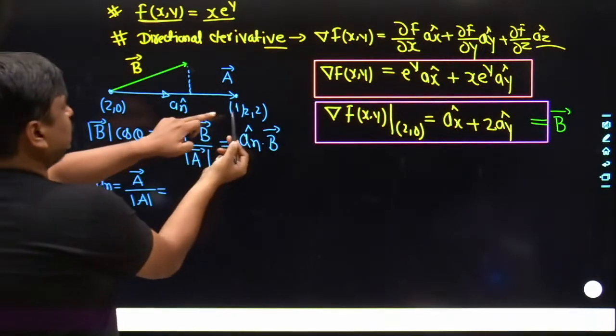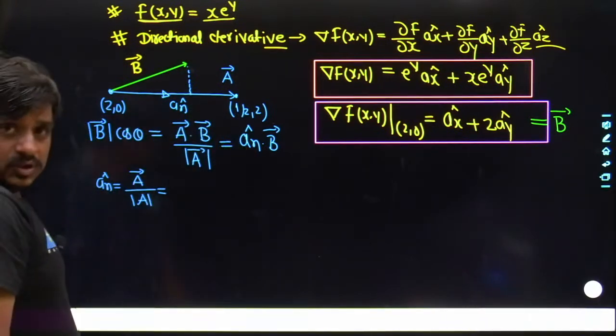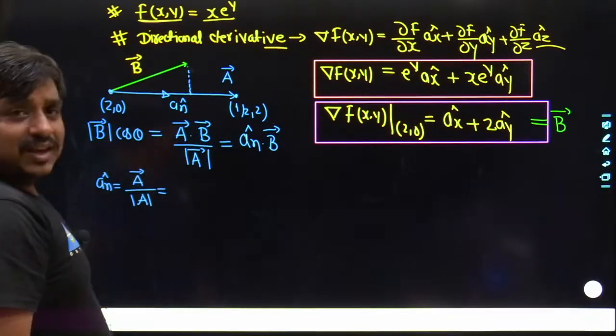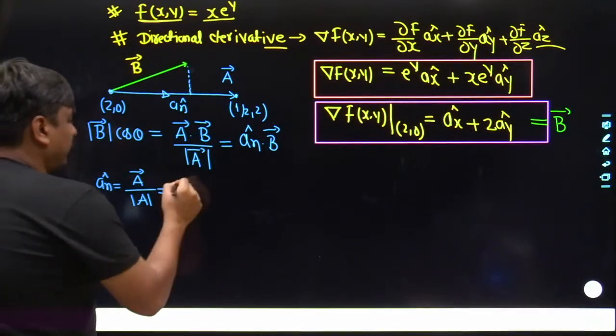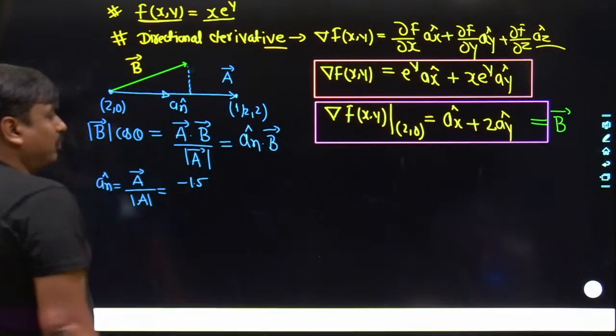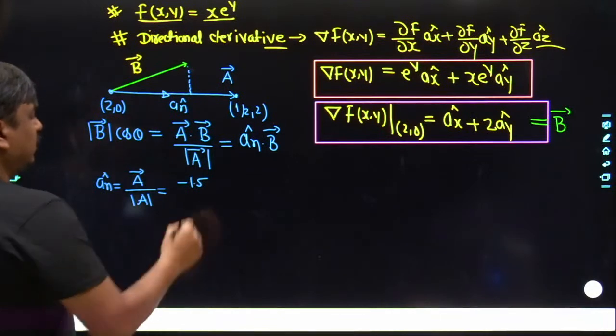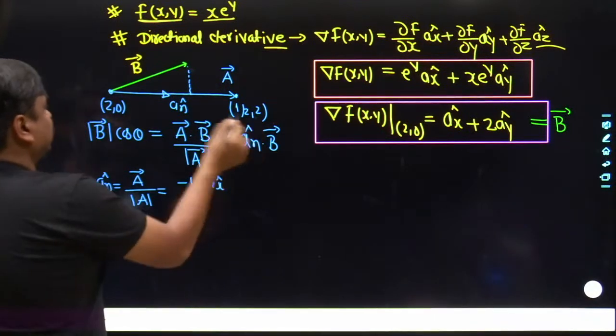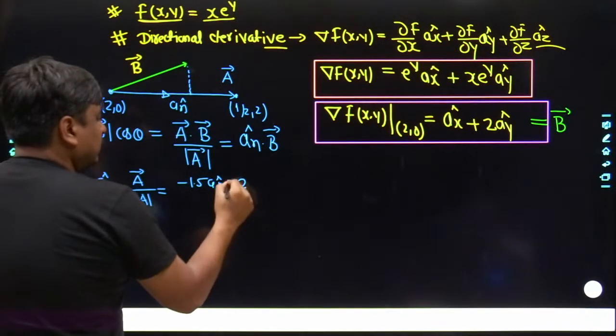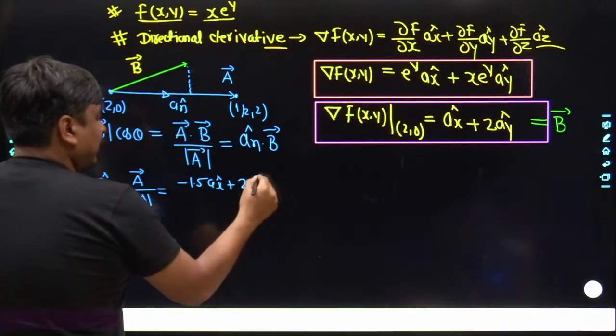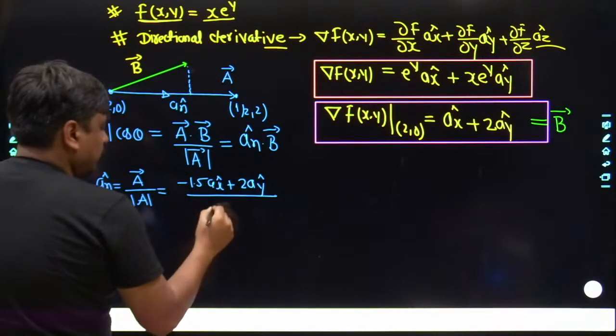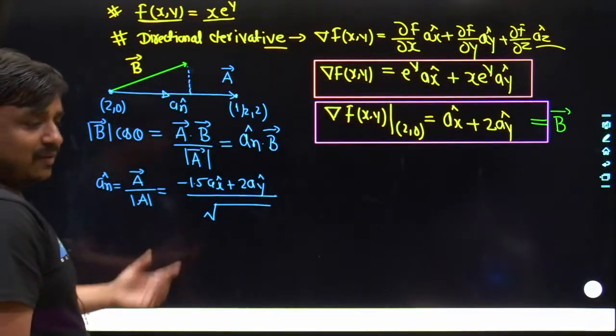Final minus initial. So the half is getting subtracted from the 2. It was 0.5, which subtracted from the 2 would be minus 1.5. Similarly, the 2 would get subtracted from the 0. It would result in plus 2 ay cap, and at the denominator you will have its magnitude.